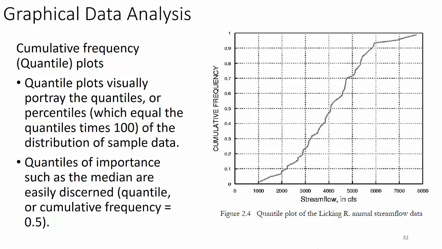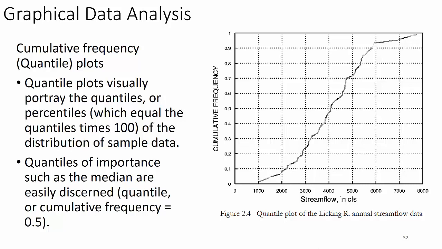One of the other useful ways of plotting data is through cumulative frequency or quantile plots. Quantile plots visually portray the quantiles or percentiles, 1 to 100, of the distribution of sample data. So you can think of the cumulative frequency, 0% to 100%, as probabilities on the y-axis.